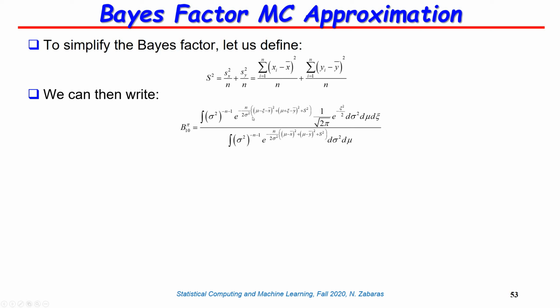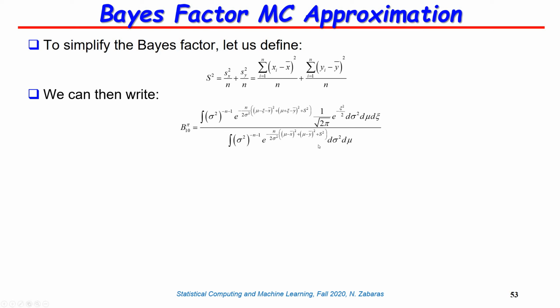So what I have is a simplification of this exponential by using this S square. So the Sx squared and Sy squared terms have been combined. Then I have my prior on xi, which you remember is a standard Gaussian. The prior on mu is equal to 1.